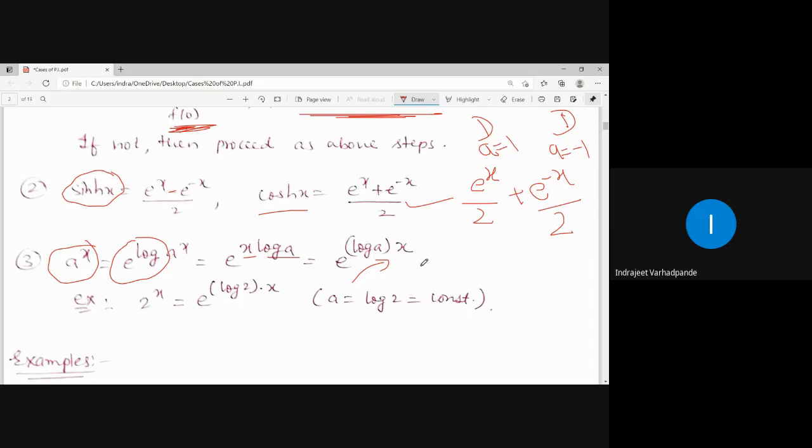So replace d by log a. Got the answer? So this is the constant over here, right? A to the power x is convertible to this exponential. So see, 2 to the power x is written in this way, right?